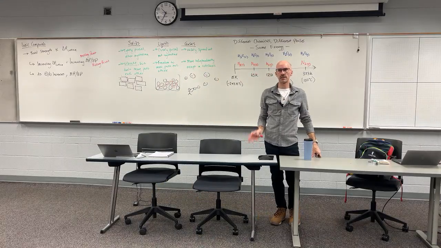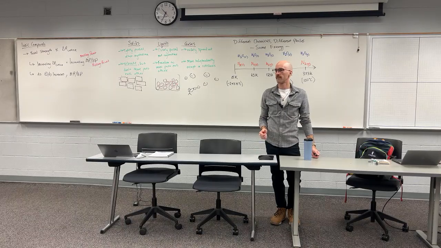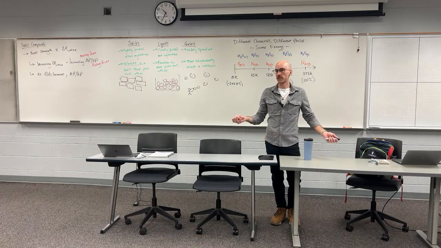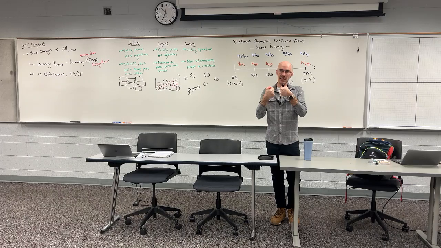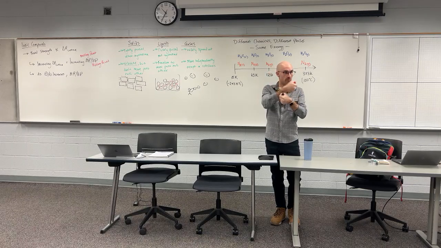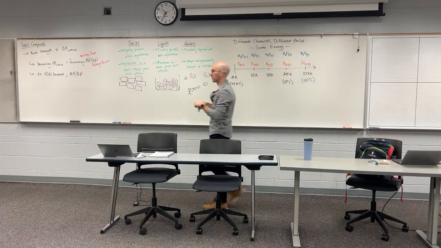As the charge increases, what can we anticipate about the melting point and the boiling point of that ionic compound? Also increases. Larger charges, stronger attraction, more energy required to make those ions move past each other, more energy required to make those ions separate from each other.